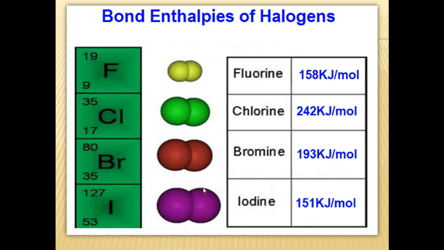Bond enthalpies of halogen can be seen in this slide. Except fluorine, the bond enthalpy decreases from chlorine to iodine due to decrease of attractive forces.